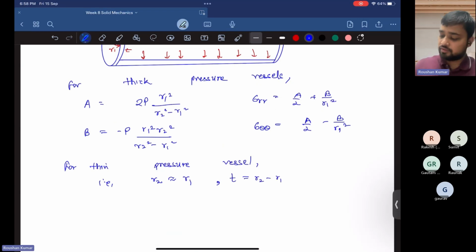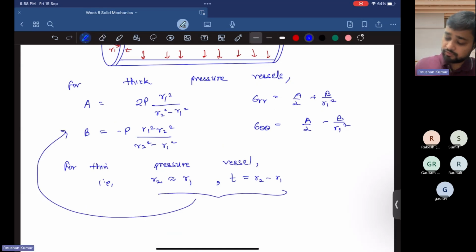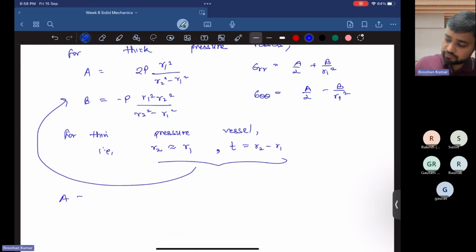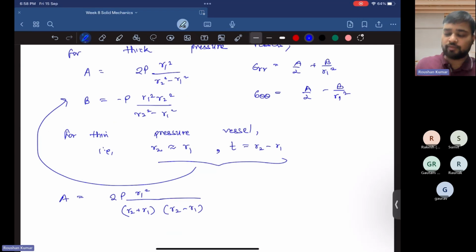If we substitute this assumption, we get A equal to 2p R1 square upon R2 plus R1 times R2 minus R1. R2 minus R1 is basically T, and R2 is approximately equal to R1, so we get 2p R1 square upon 2R1T, which finally gives us p R1 upon T.